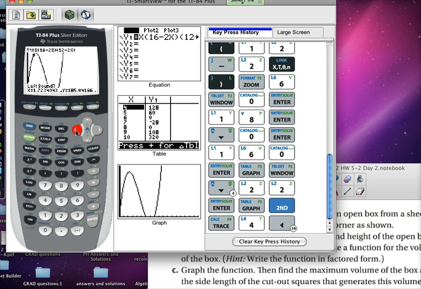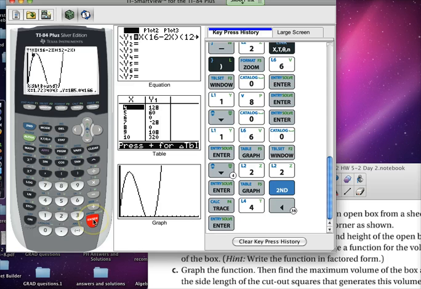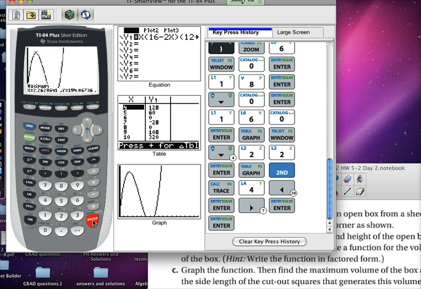All right, so now he's on the left side of the hill, and I press enter. Right side of the hill, press enter, enter through guess. And that means about 2.3 would give us a maximized volume of 194.